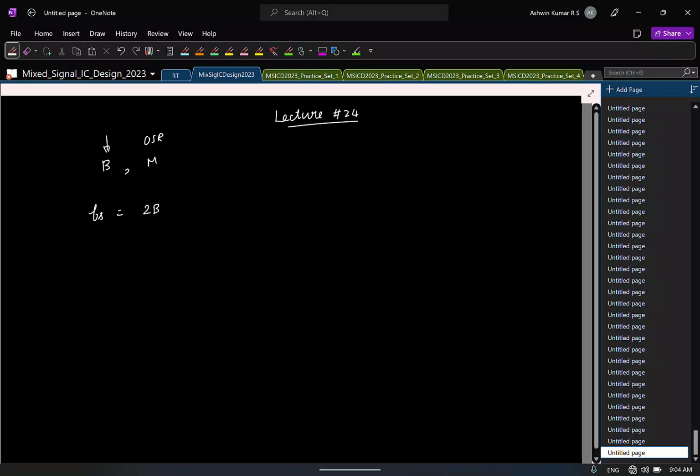So the sampling rate is 2b times m, where 2b is the Nyquist sampling rate. So if I keep increasing my signal bandwidth, the sampling rate I need will also keep increasing crazily, because you need large oversampling ratios.